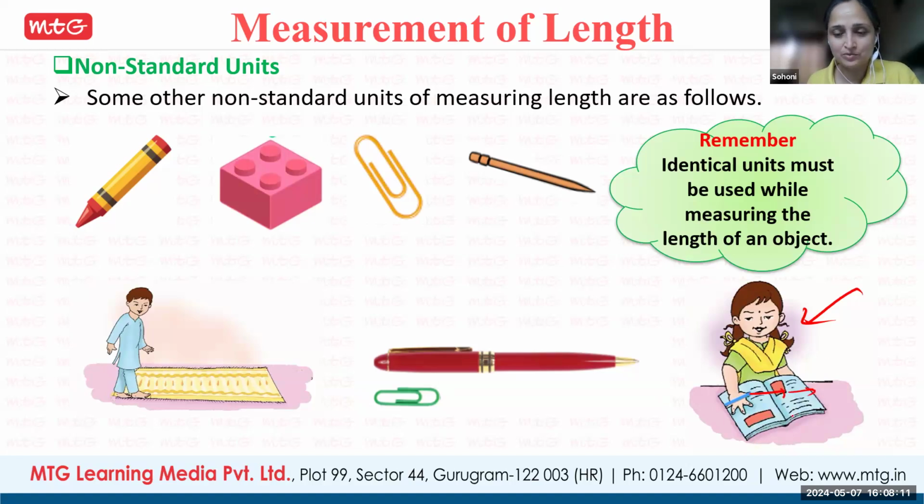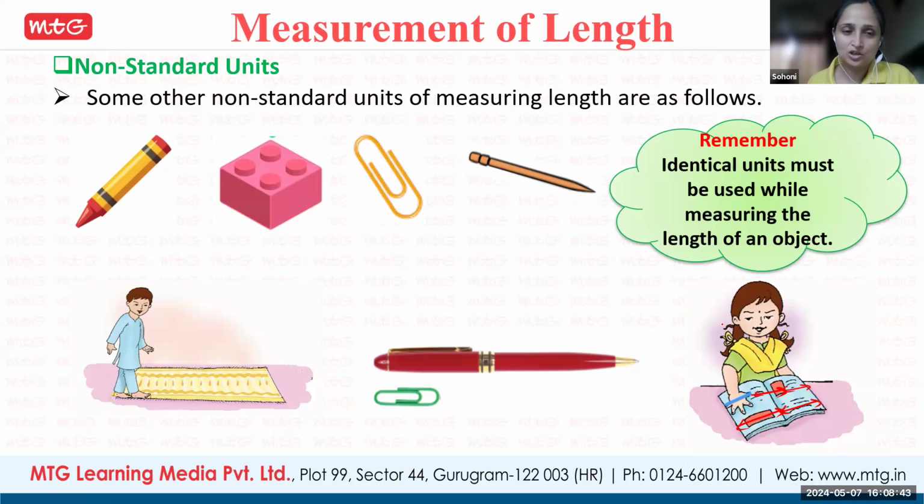But if the same notebook I measure with my hand span, then it might be only 2, because my hands are bigger than hers. If this girl says this is 3 hand spans of hers, but if I measure the same notebook with my hand span, it might be only 2 hand spans long because my hand span is bigger than hers.